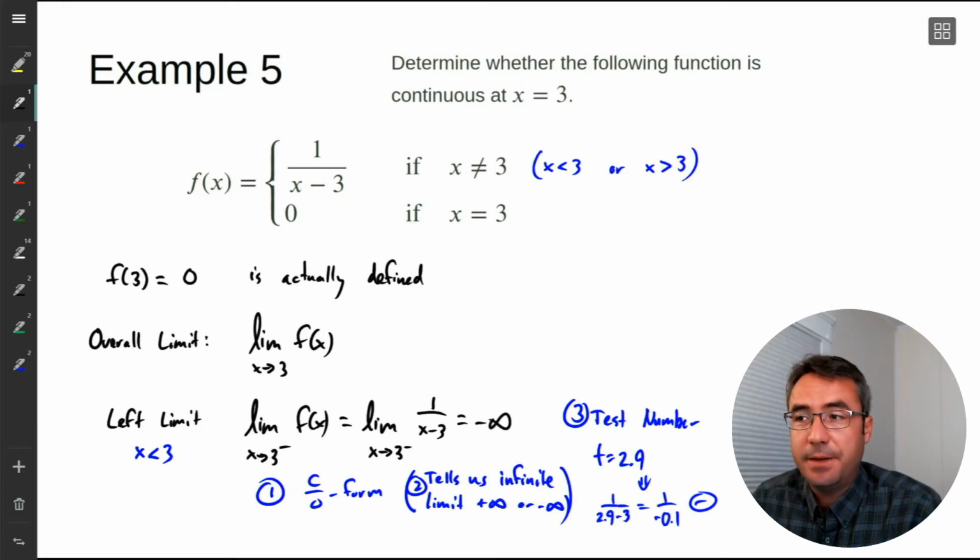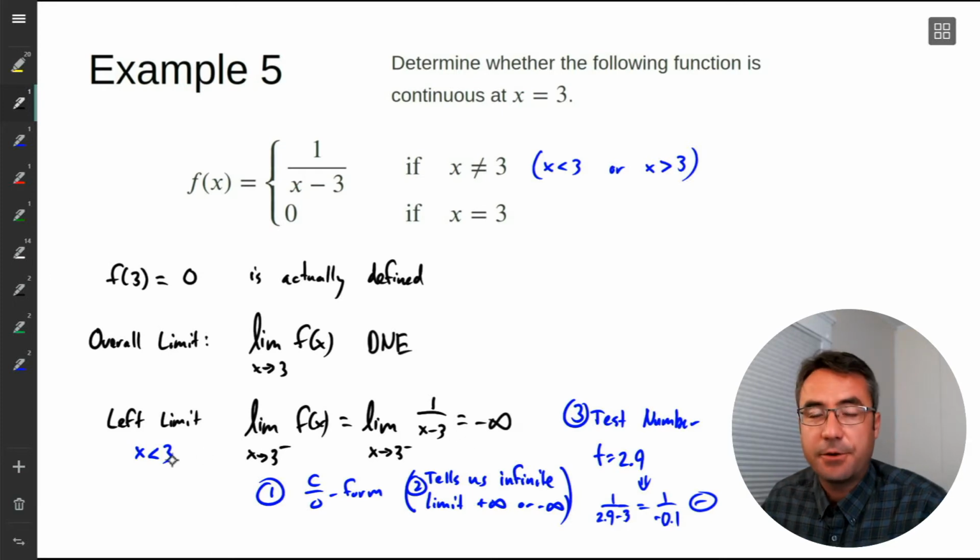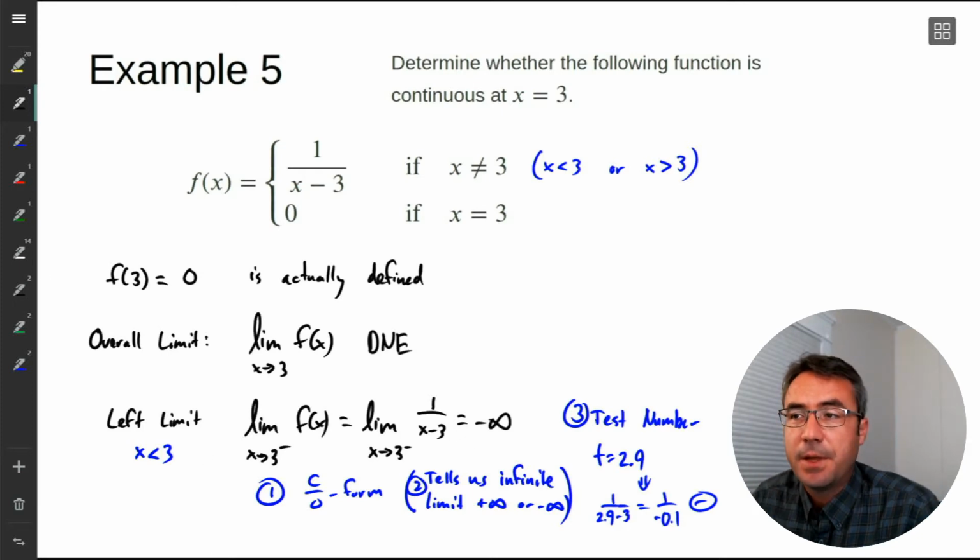Now, the right-hand limit, you can work through it, and you could show that the right-hand limit is positive infinity. But at this point, we've done enough, and this is enough to show that our function is discontinuous at x equals 3. So it'd be good practice to calculate the right-hand limit for yourself. But at this point, we have enough information to make our conclusion.